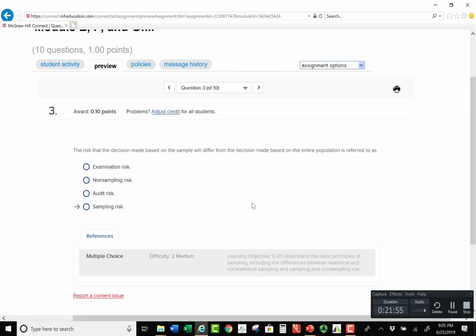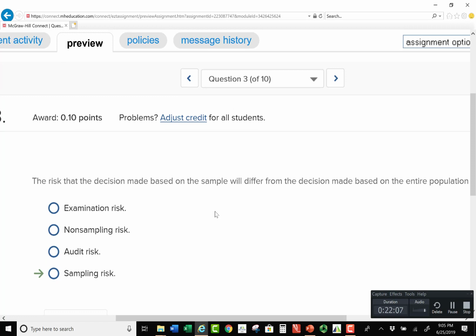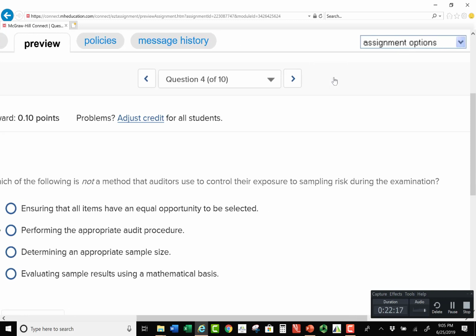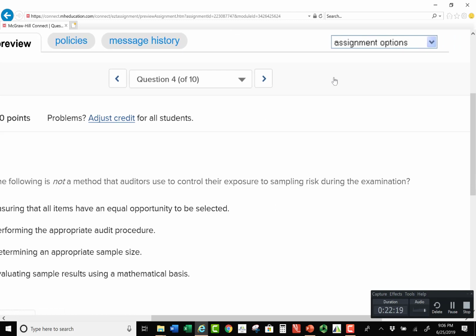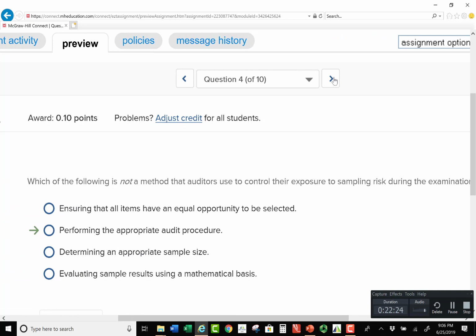The risk that decisions made based on samples will differ from the decision made if we had looked at the entire population. That was our sampling risk, wasn't it? Which of the following is not a method the auditor uses to control their exposure to sampling risk during the examination?